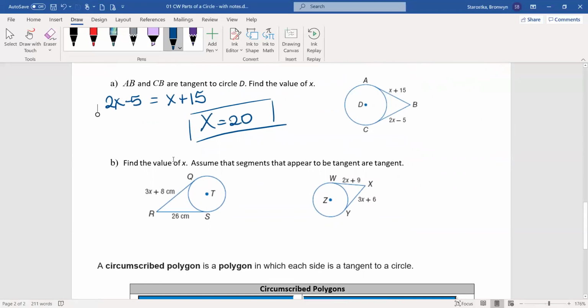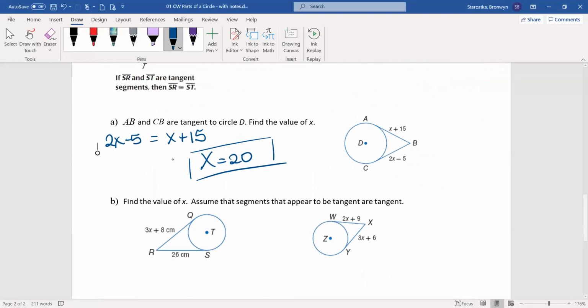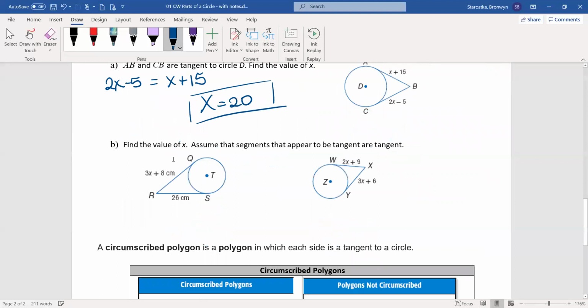X plus 15 equals 2x minus 5. Well, 2x minus 5 equals x plus, oh no, that's the same problem. Silly me. Here we go.